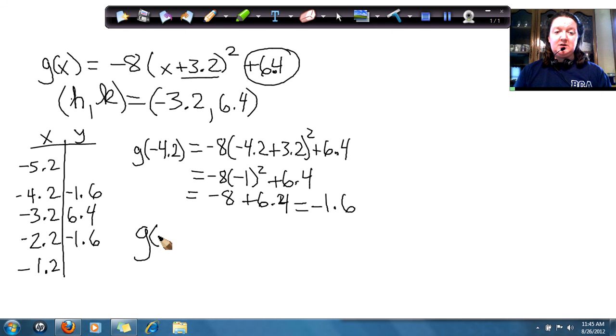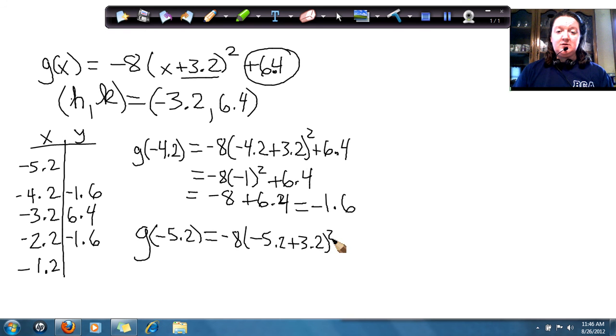Now let's plug our negative 5.2 into our function. We know g of negative 5.2: we have negative 8 times (negative 5.2 plus 3.2) squared, plus 6.4. Negative 5.2 plus 3.2 is going to give me negative 2. I'm going to square that, plus 6.4.